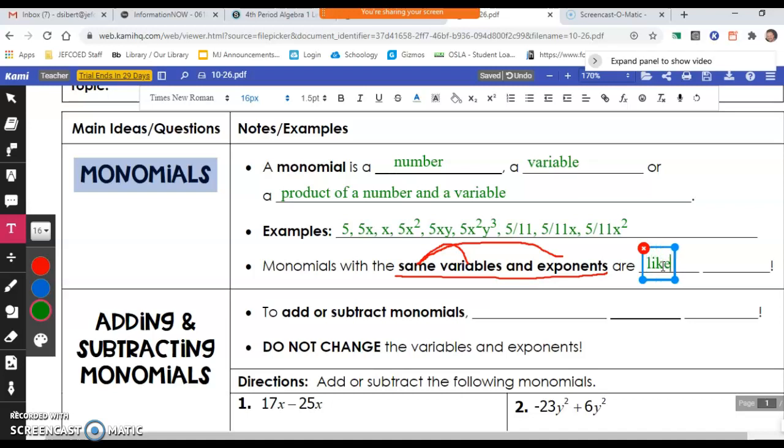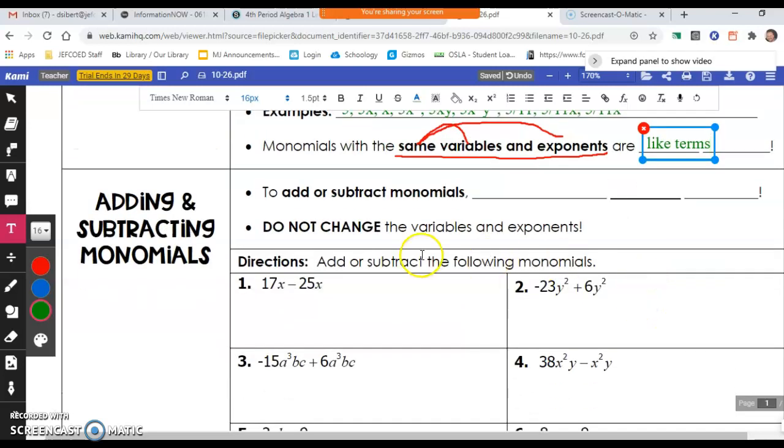They are like terms. Okay? Which we've talked about the second week of school. Okay? So monomials that have the same variable and the same exponent. Not some that are similar, not some that are close, but it must be the same variable and the same exponents. Those are like terms. Okay? What you guys are familiar with?